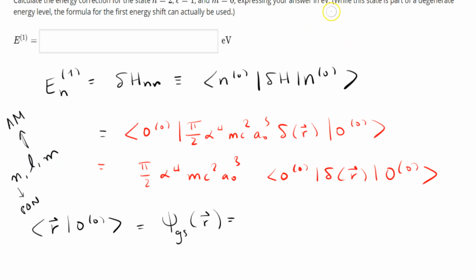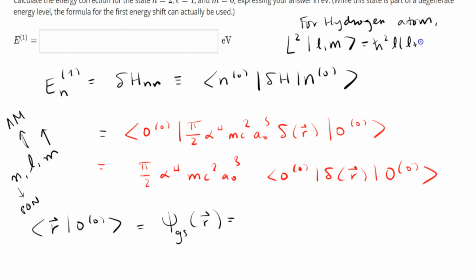So just quickly to recap for the hydrogen atom, our whole purpose when we were deriving the eigenfunctions was that L would be the angular momentum quantum number, which would be an eigenstate of L squared. Remember, we had L squared times Lm equals h bar squared L plus 1 times Lm.